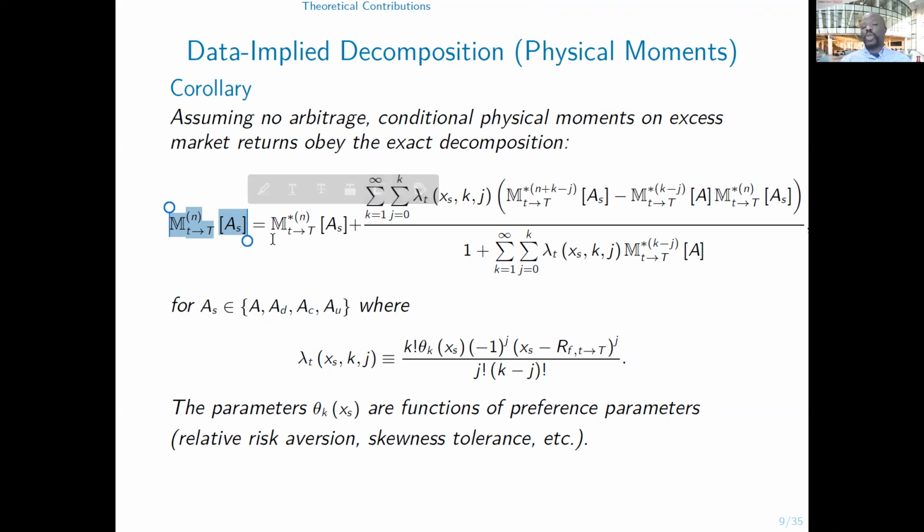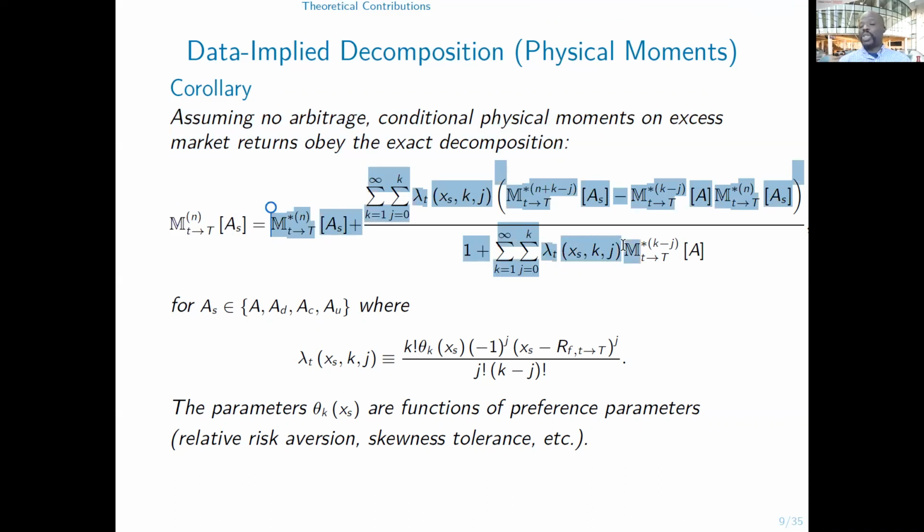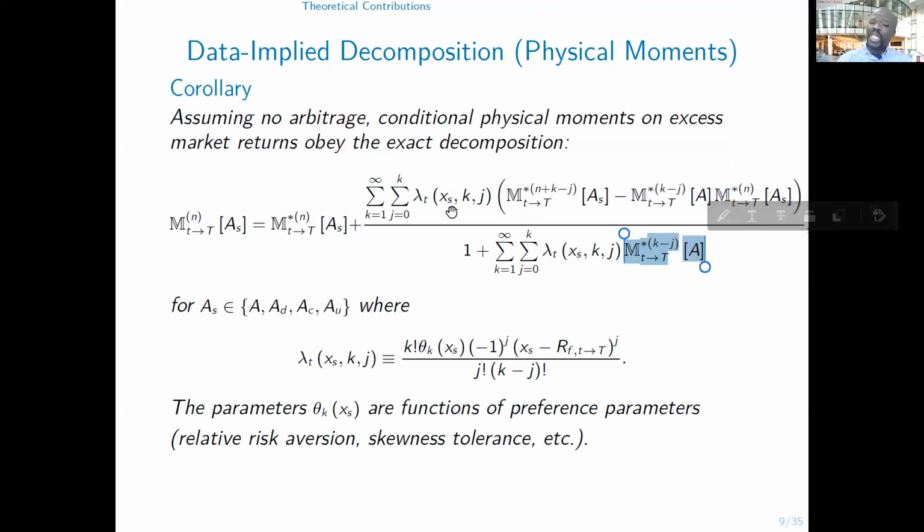We were able to show under no-arbitrage conditions that you can write any physical moment associated with the set AS as what you see on the right-hand side. It looks like a complicated expression, but it's not really difficult to digest. You have risk neutral moments everywhere in this expression, and these are easy to get. On top of that, you need to specify what lambda is.